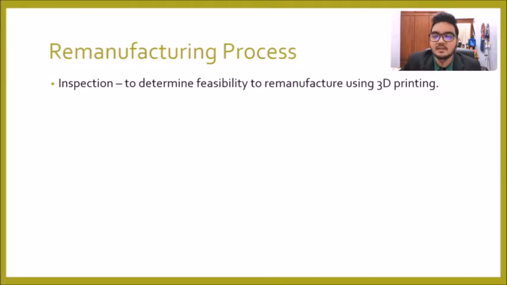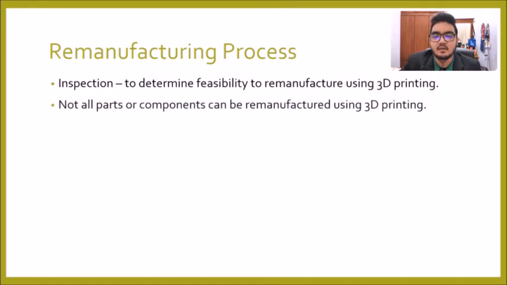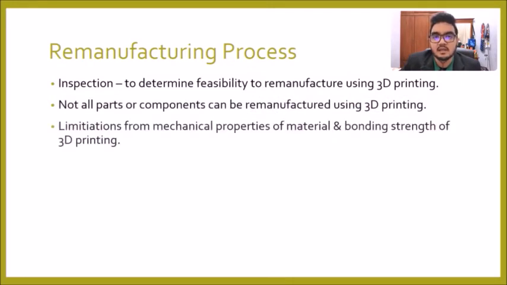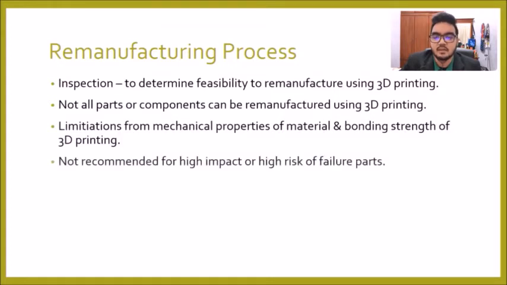Remanufacturing using 3D printing is not applicable to all parts and components due to the limitation of mechanical properties, which depends on the material used and also the bonding strength of the 3D printed part. However, certain parts can be 3D printed as long as it does not affect the performance of the part.